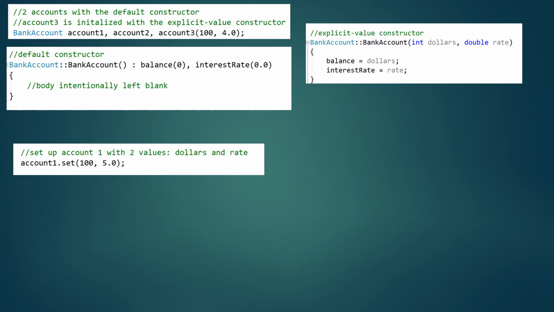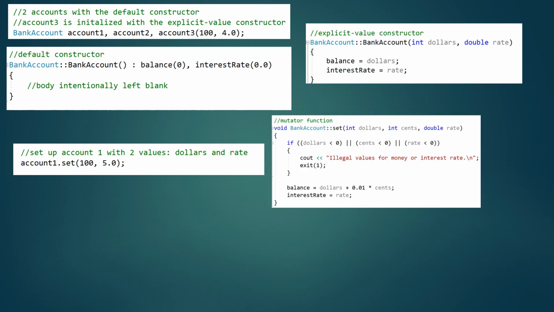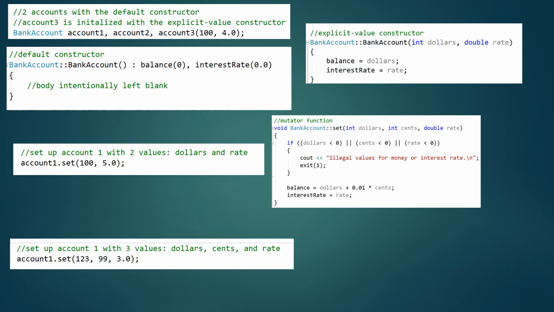So then this is the set function. There are 2 set functions. This set function right here goes with this mutator function. You pass it 3 arguments, 123, 99, and 3.0: $123.99, and a rate of 3.0.